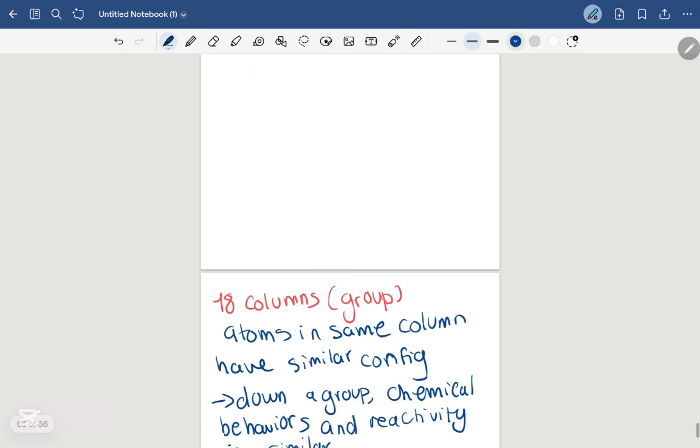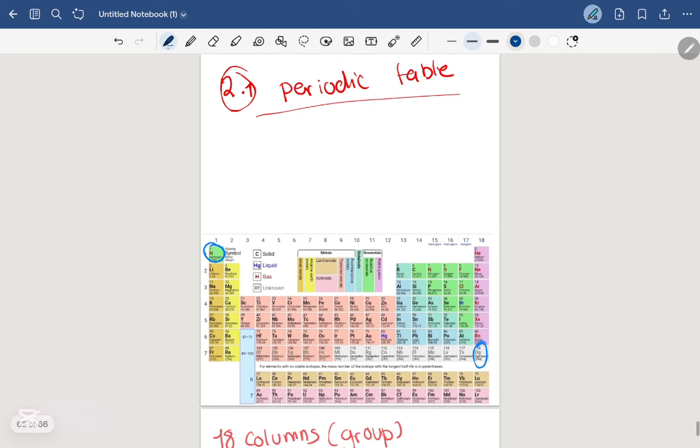Now, every time we move from row to row, let's say you ended at neon and then you moved to sodium, there is going to be an increase of energy level. Another thing we can notice is that whenever you go from an old row to a new row, you always end up in the first group.